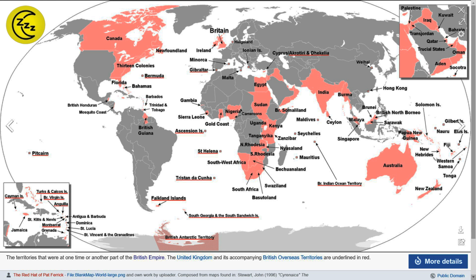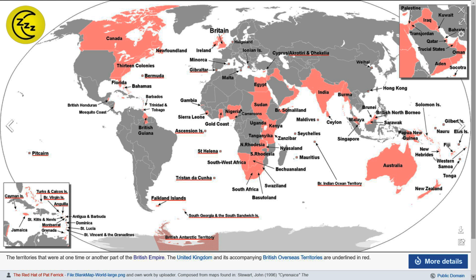In the second half of the century, the Royal Niger Company began to extend British influence in Nigeria and the Gold Coast, now Ghana, and the Gambia also became British possessions.